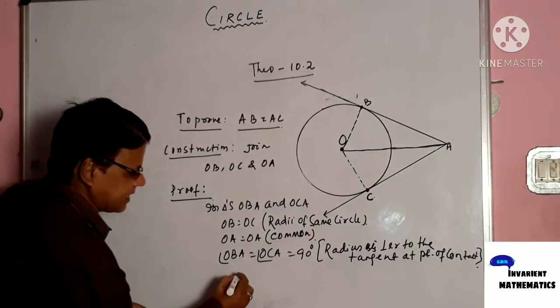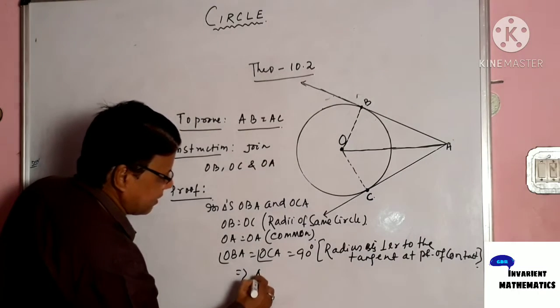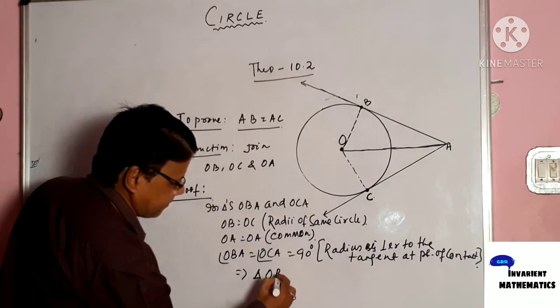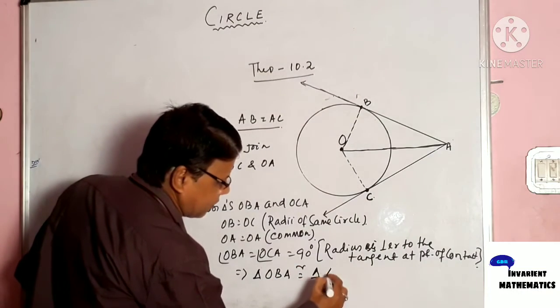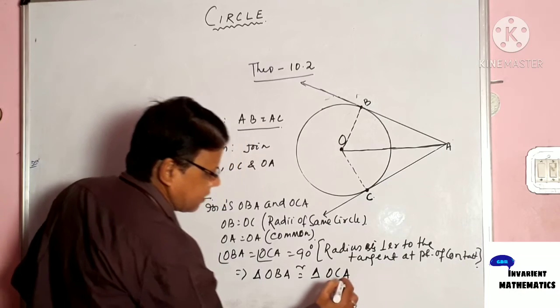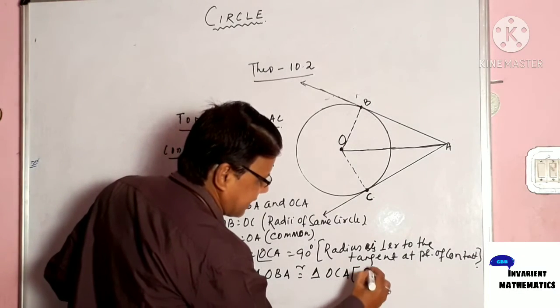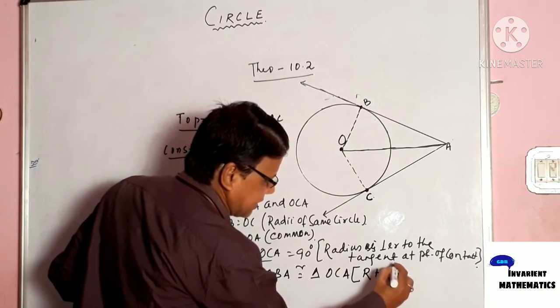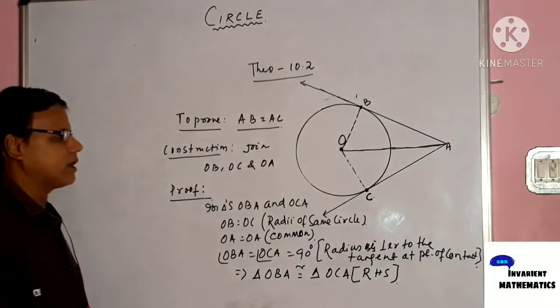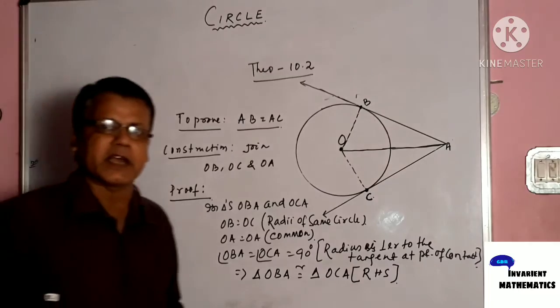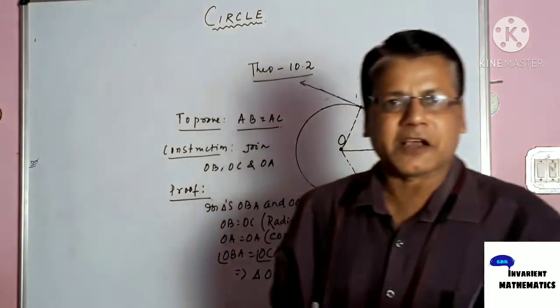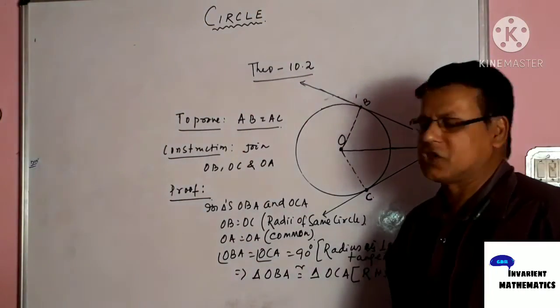Which implies that triangle OBA is congruent to triangle OCA by RHS congruency criteria. As the two triangles are congruent, their corresponding parts are equal with each other.